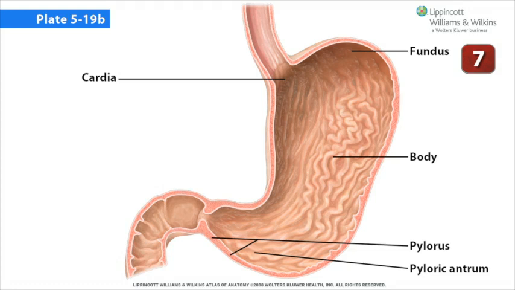The pylorus is the area surrounding the pyloric sphincter, the thickening of the circular layer of the stomach muscle that opens and closes the pyloric orifice between the stomach and the duodenum.